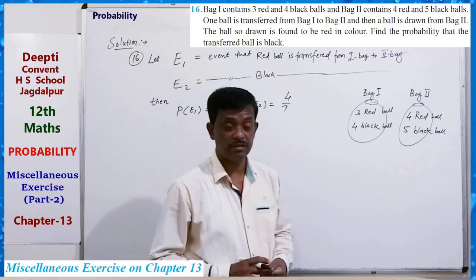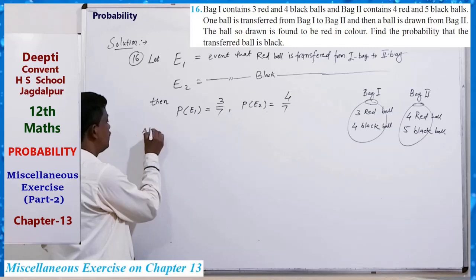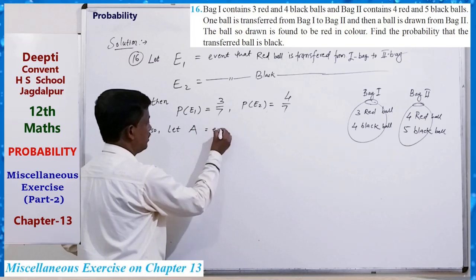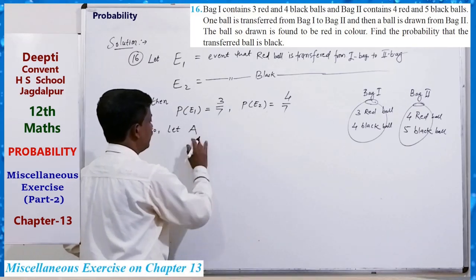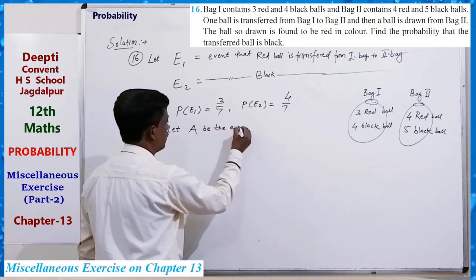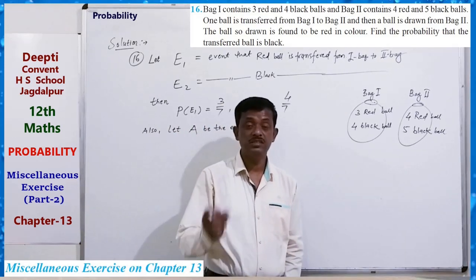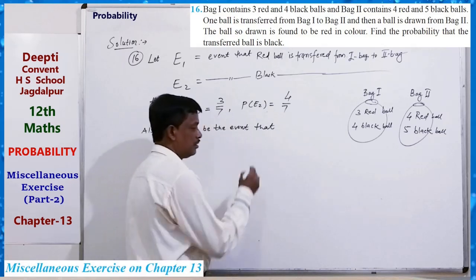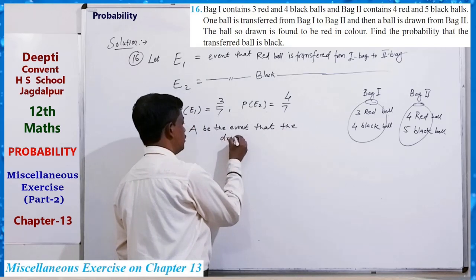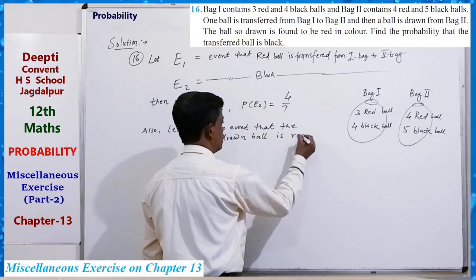So suppose we let A be the event that the drawn ball is red.